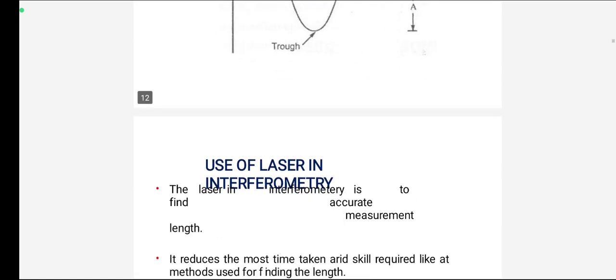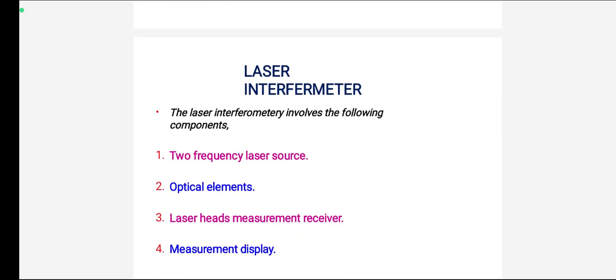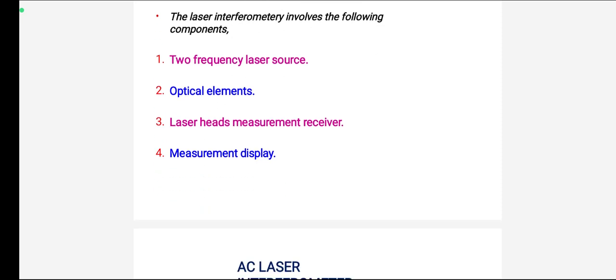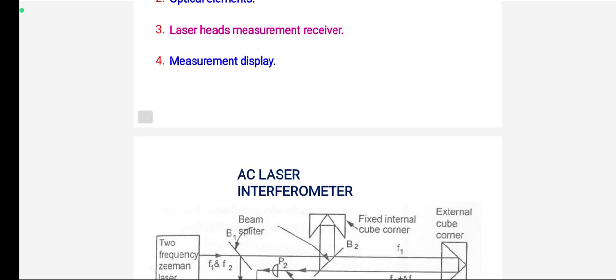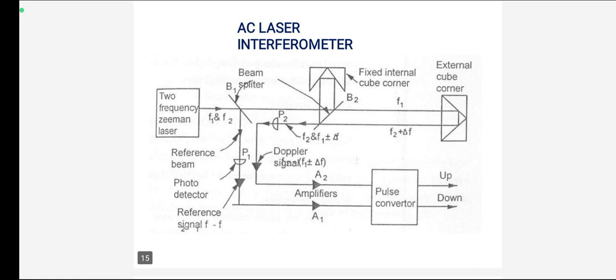And next one, interferometer. A laser interferometer involves the following components: two frequency laser source, optical element, laser heads, measurement receiver, and measurement display. These are all the major components of the laser interferometer.